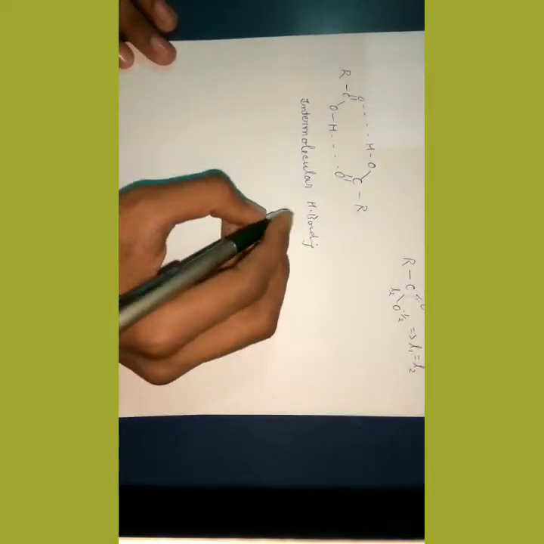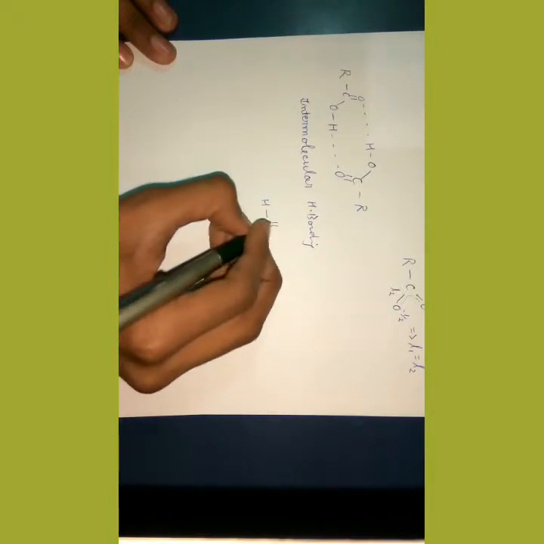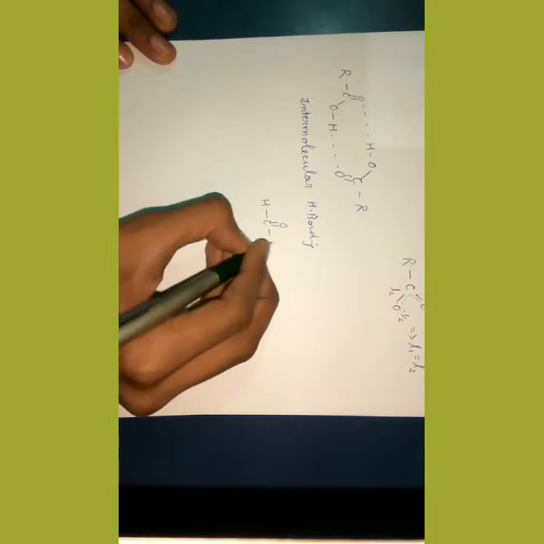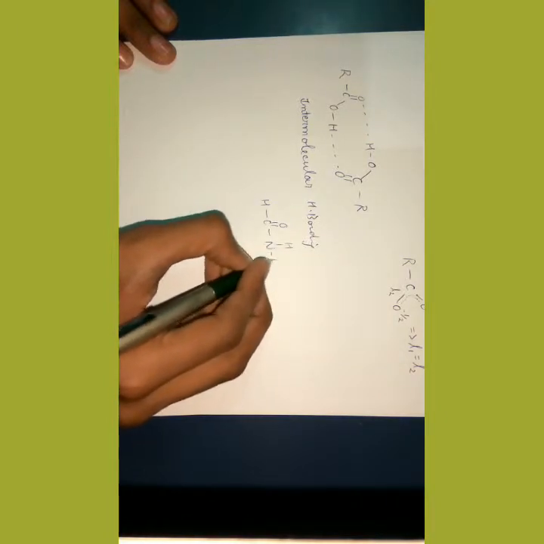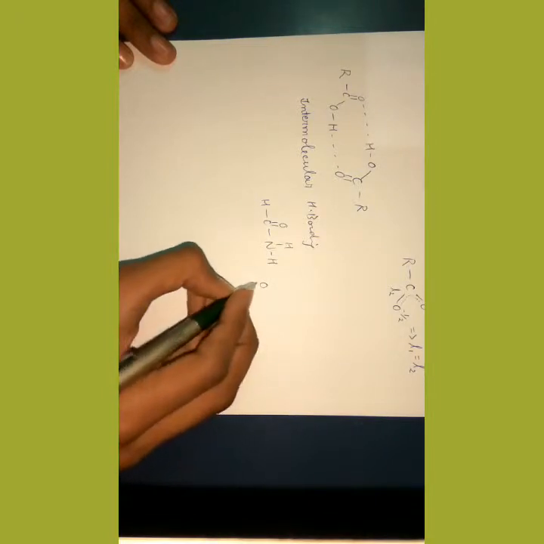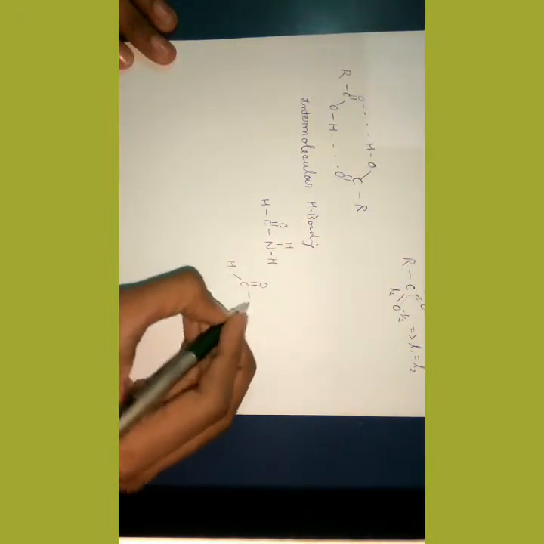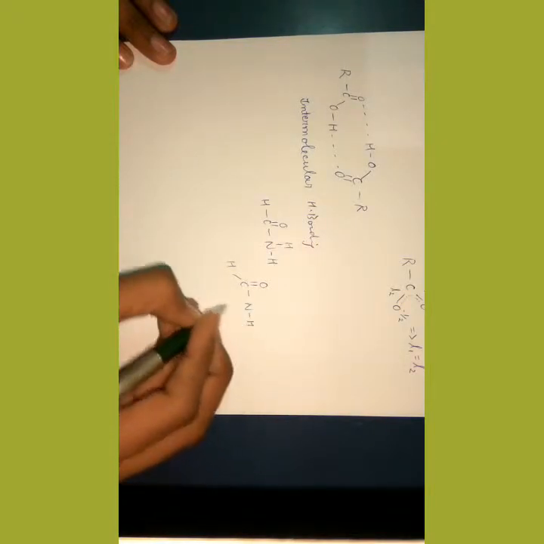Now I'm showing a different example of this to you. I'm again drawing a compound having a carboxylic acid and its derivative also. I'm drawing them all close together so you will find it easy to recognize the difference between hydrogen bonding.